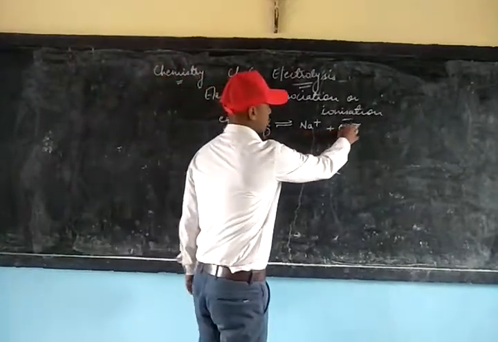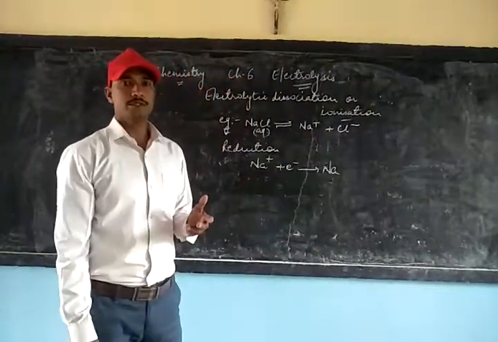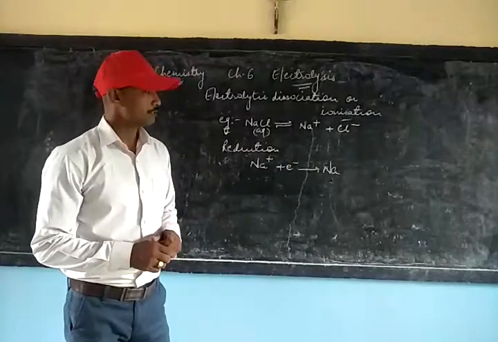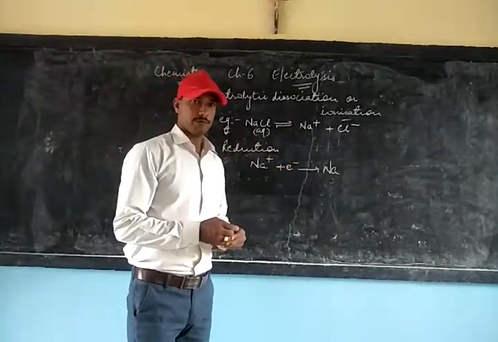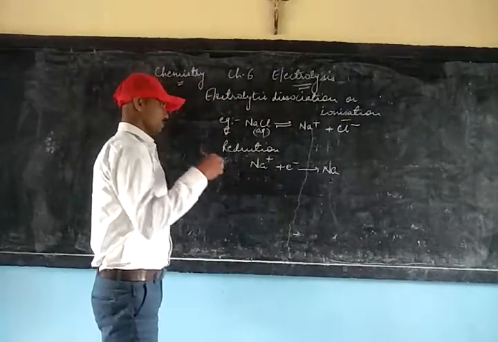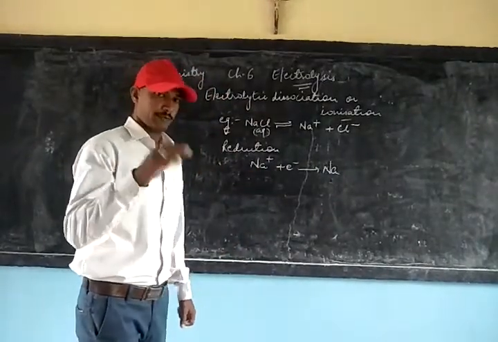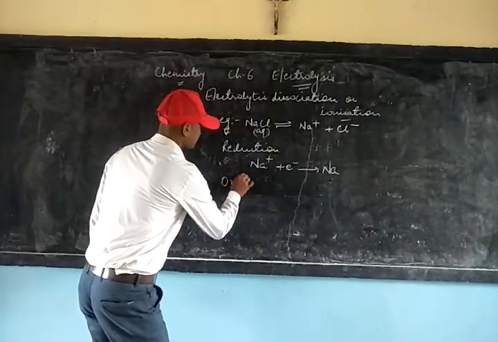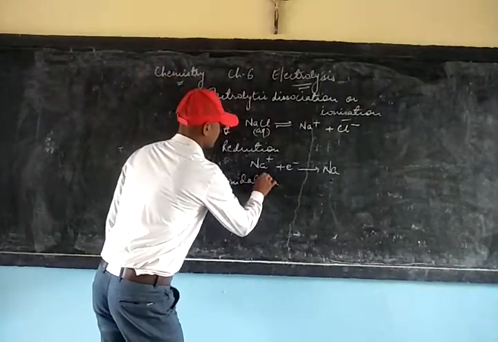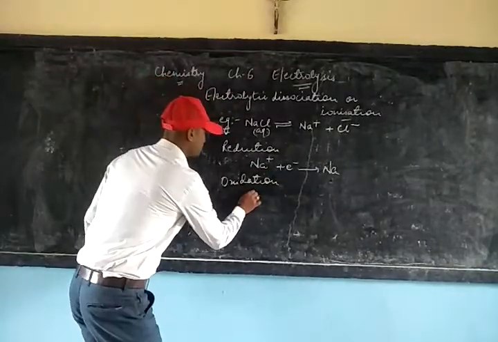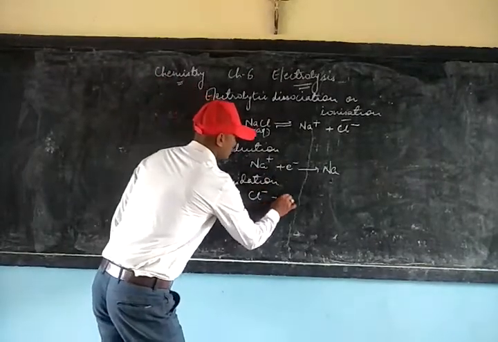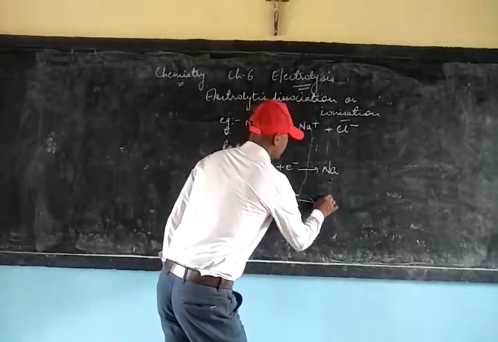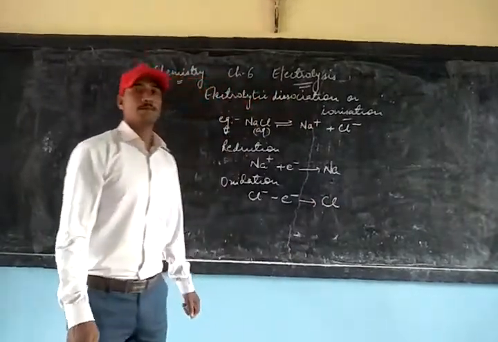Now chlorine, you can see the chloride ion has a minus charge, which means it has one extra electron in it, which can be transferred. So this loss of electron is an example of oxidation, where we can show Cl minus will lose one electron and will be changed into a chlorine atom.